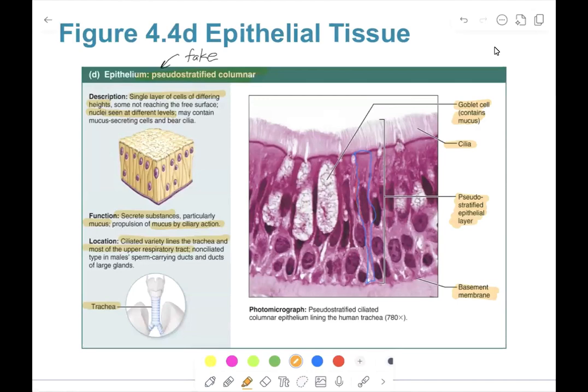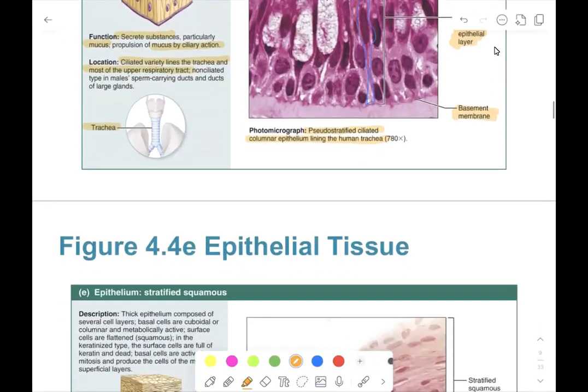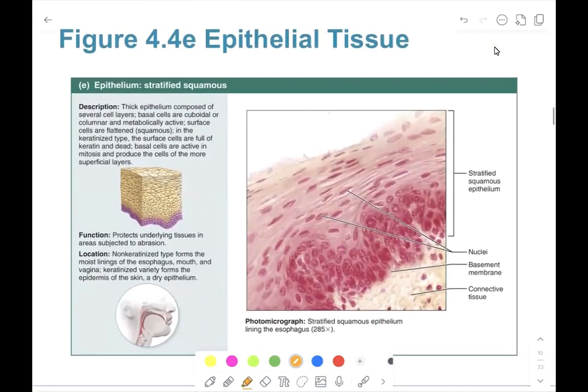And then the non-ciliated type is in the male's sperm-carrying ducts and ducts of large glands. So again, remember that even though they look like many layers, they're really not. They're really one layer that's actually present.